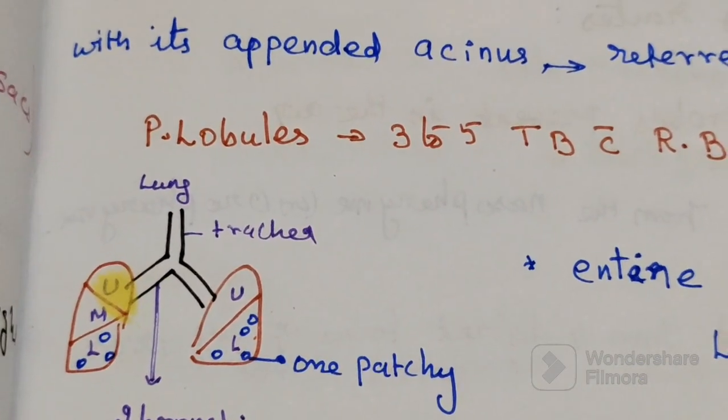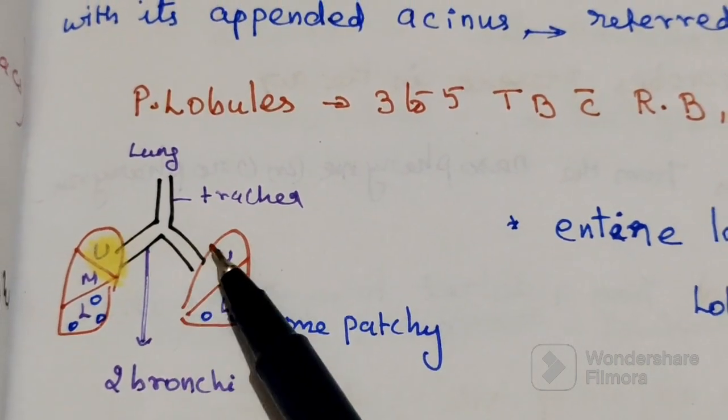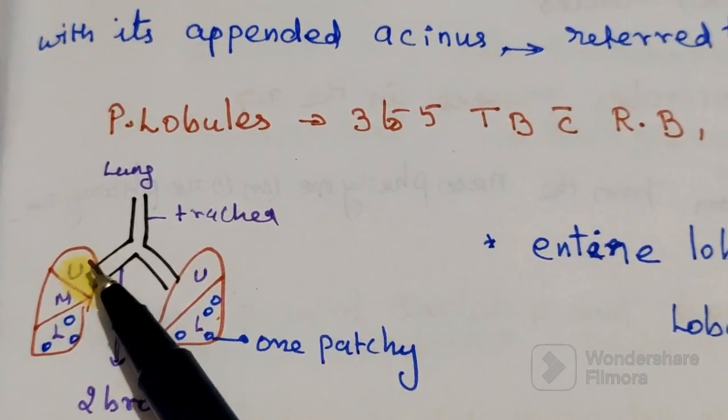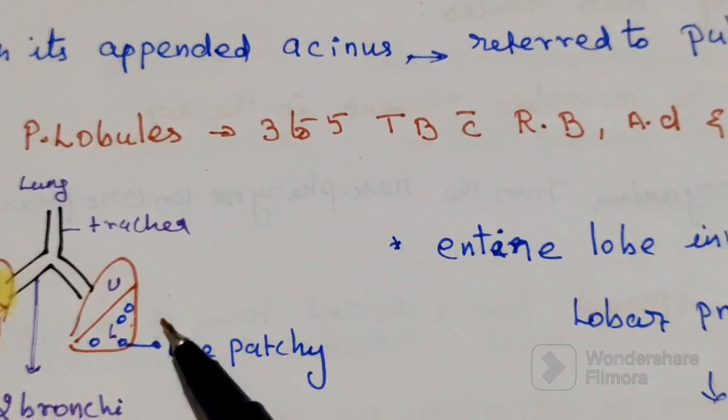This is the lungs, this is the trachea. These two are the two bronchi. The right lung has three lobes, upper, middle, lower. The left lung has upper and lower.